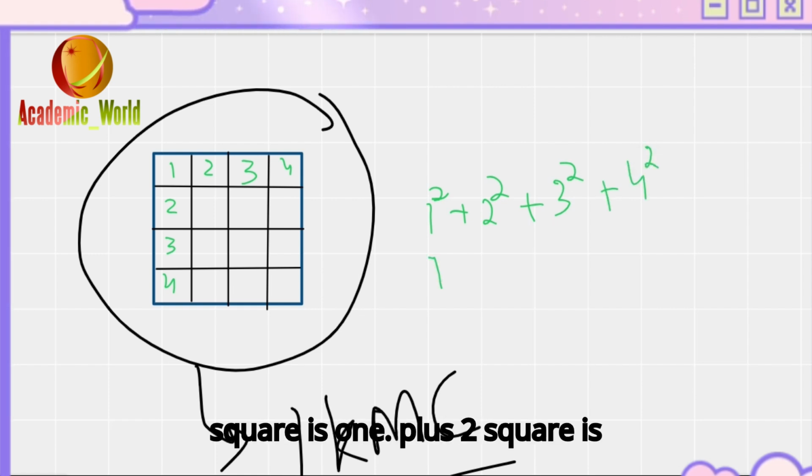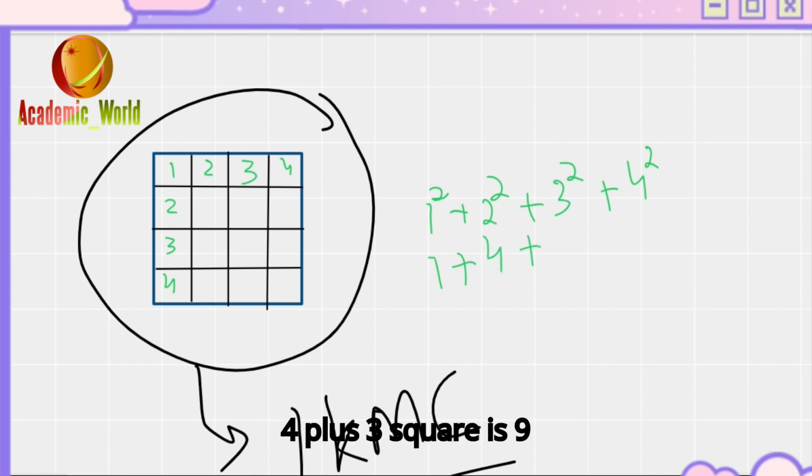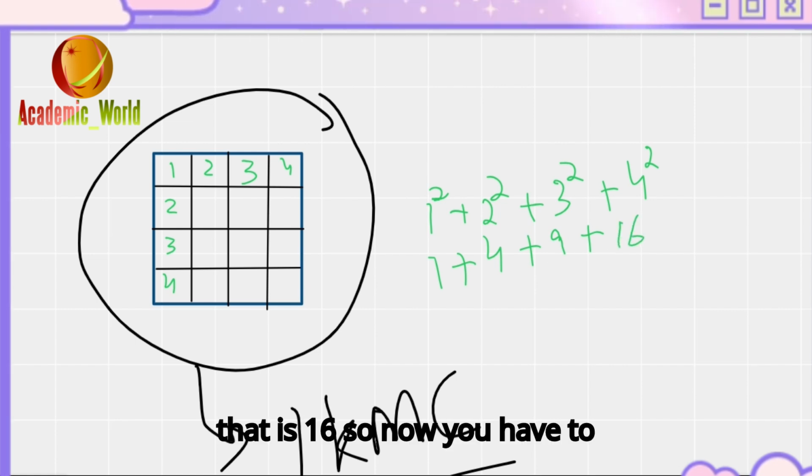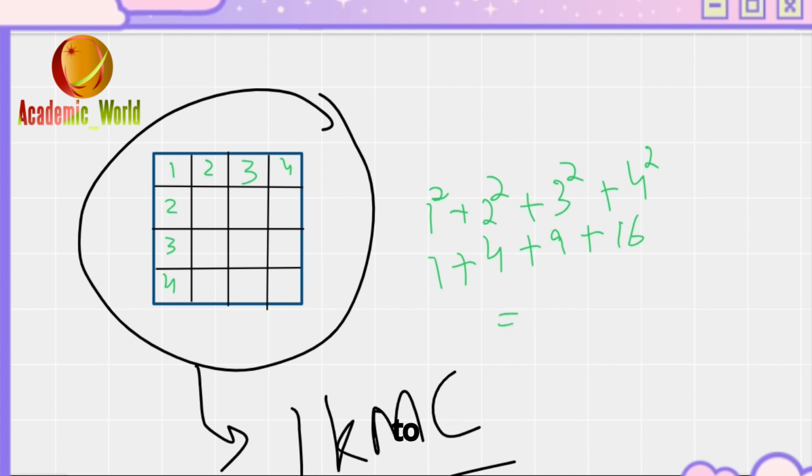Okay, so 1 square is 1, plus 2 square is 4, plus 3 square is 9, plus 4 square is how much? That is 16. So now you have to count: 1 plus 4 plus 9 is 14, plus 16, so that is equal to 30 squares. I hope you understand.